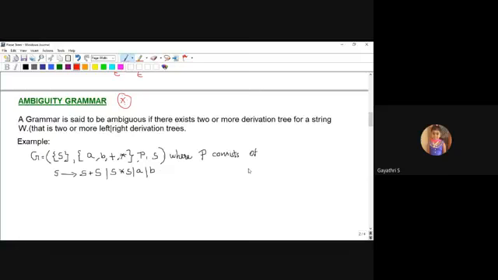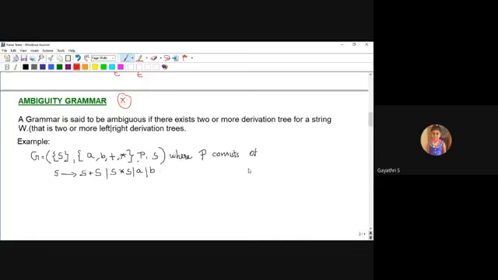You have to remove the ambiguity so that the particular program is compiled exactly. At compilation, only one compilation code should be generated, not more than one. That is why you have to remove ambiguity from the grammar.